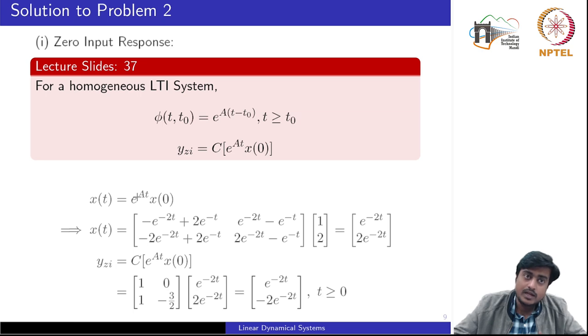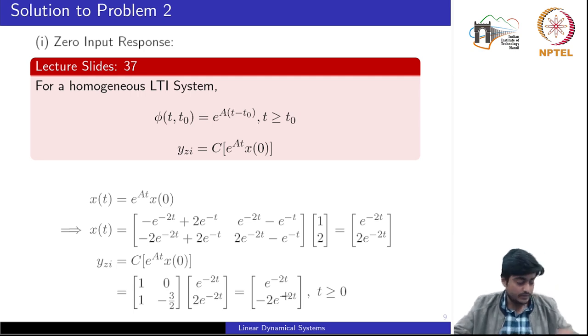First we compute the Laplace transform of this time domain function, and then to obtain the time domain solution we take the inverse Laplace. Okay, then putting in the C matrix, the exponential matrix, and the initial condition, we finally obtain this solution. So this is the zero input response for the given initial conditions.